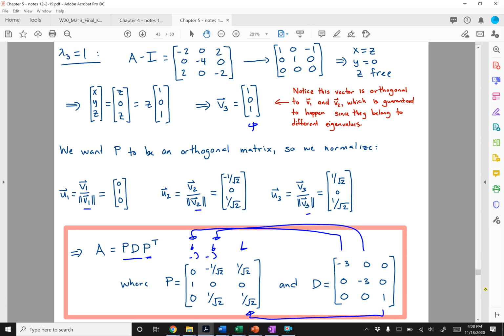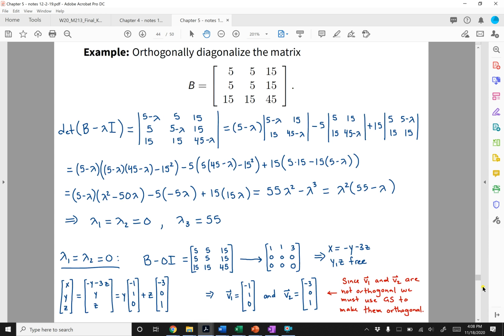So you'll stretch it by -3 in one, -3 in another, and 1 in another, and then you rotate it and reflect it back to where it was. So really nice, a simple transformation, simple to understand compared to some other transformations.